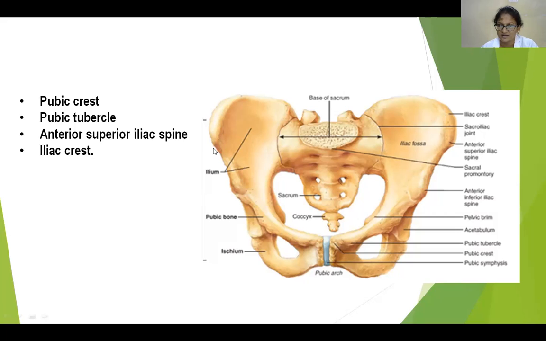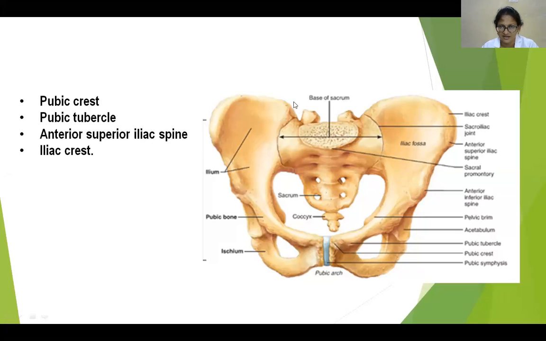Its lateral end attaches to the anterior superior iliac spine, whereas the medial end attaches to the pubic tubercle. What is the important muscle that gets inserted into the anterior superior iliac spine? Sartorius. Sartorius is also one of the important thigh muscles. This inguinal ligament and the sartorius muscle get attached to the anterior superior iliac spine.